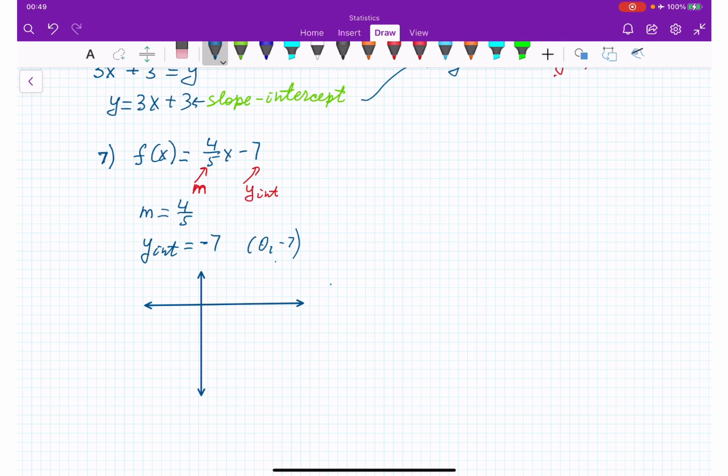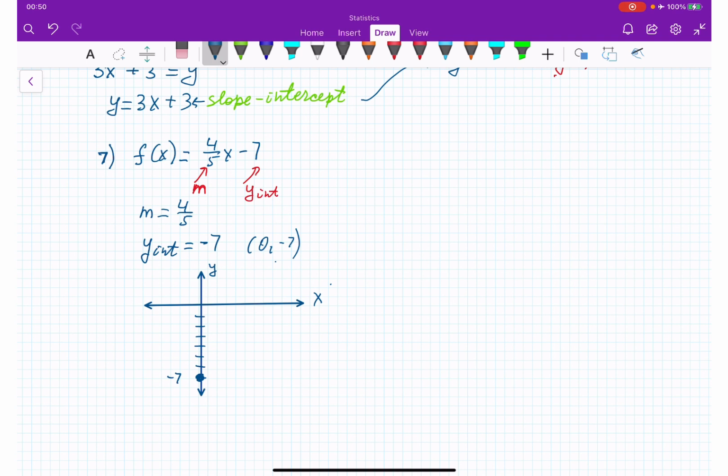This is our y-axis, this is the x-axis, right? So this is negative 1 here. 1, 2, 3, 4, 5, 6, 7. Negative 7. So this is our first point, right here.